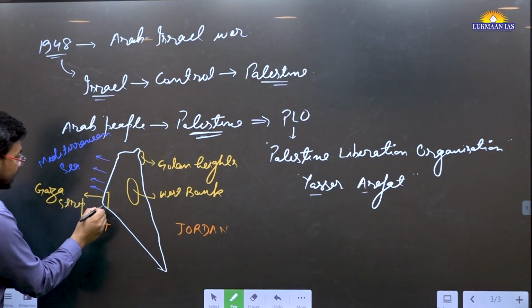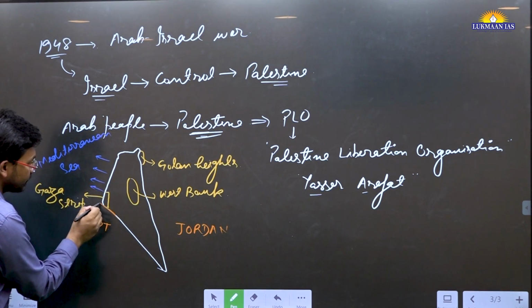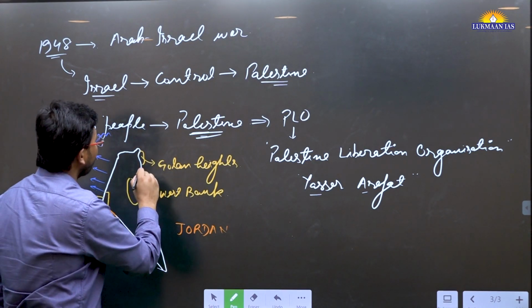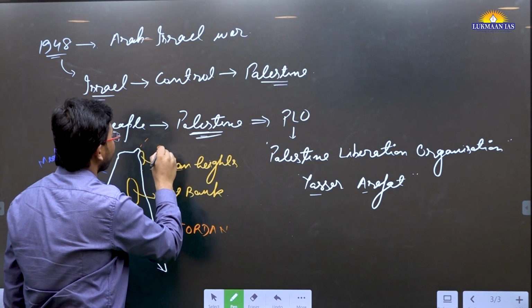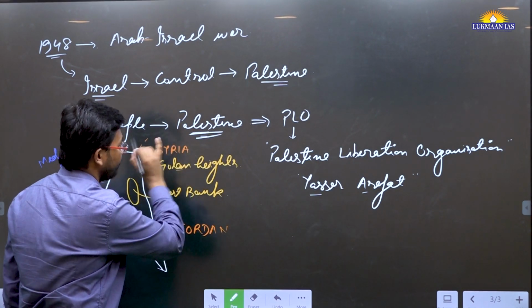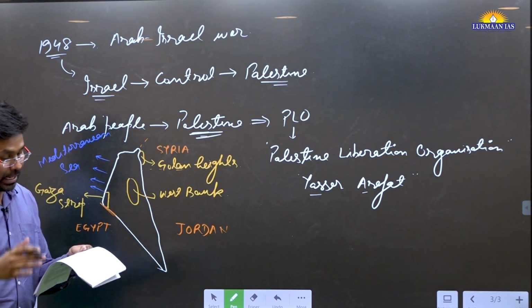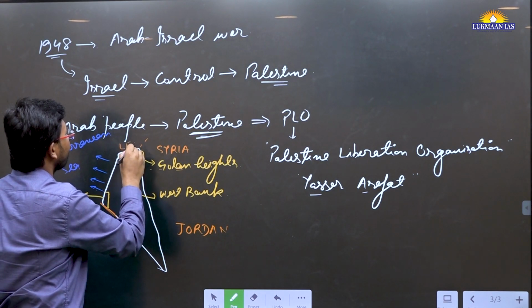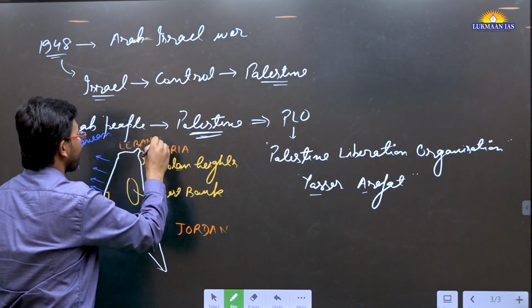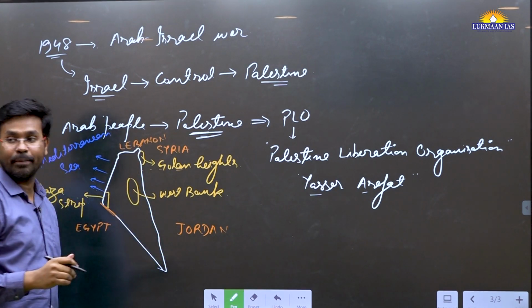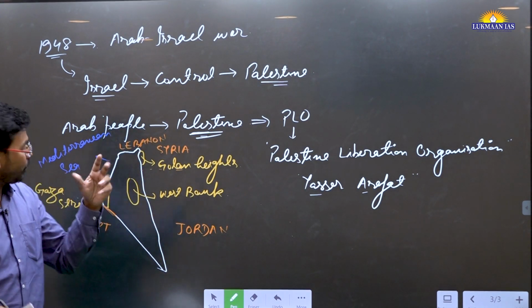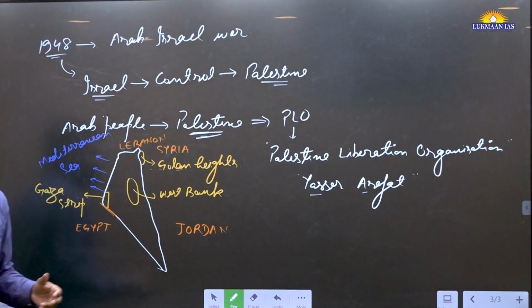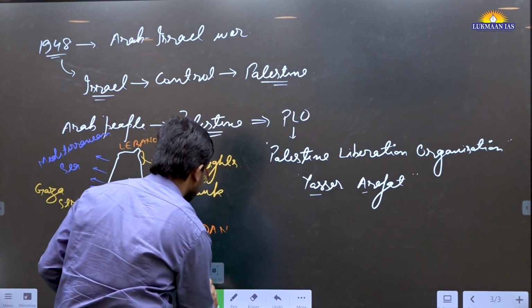The Gaza Strip shares its border with Egypt. To the northeastern side we have Syria, and to the top of it Lebanon. Hezbollah is a group which is part of Lebanon.